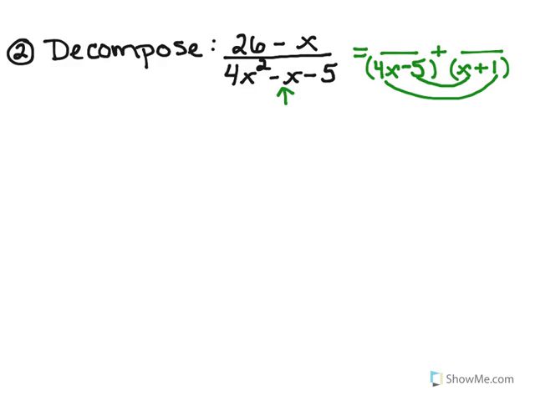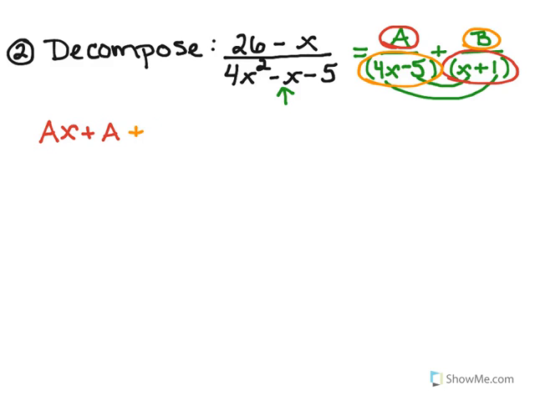Okay, so now since these are both linear factors, I put an a on the top of one and a b on the top of the other. So the next step is to try to put them back together to get a common denominator. So we're going to cross multiply. So we're going to do a times x plus 1 to get ax plus a. And then we're going to add on b times 4x minus 5.